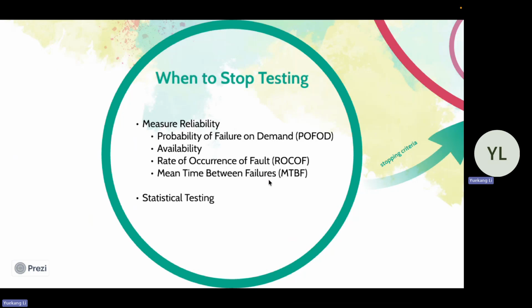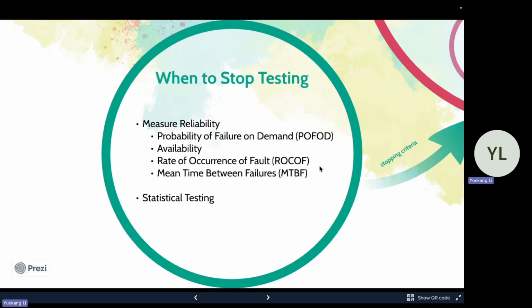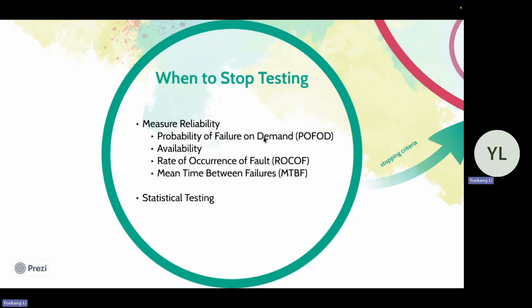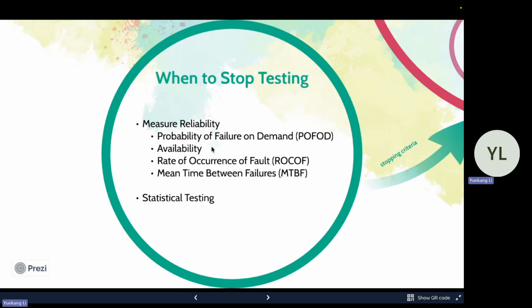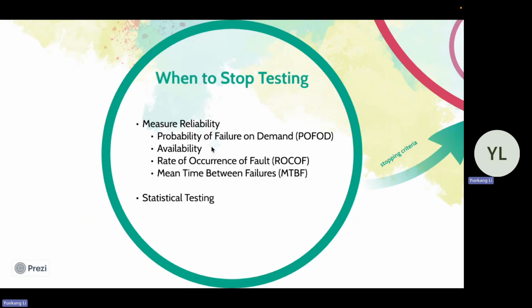So you should be able to remember how we calculate them, what the formulas are. For example, the probability of failure on demand is related to how many failures there are in a given number of requests, right? And availability is more about uptime and downtime. And rate of occurrence of faults is how many faults we observe during a period of observation.